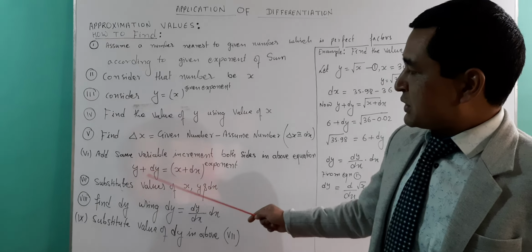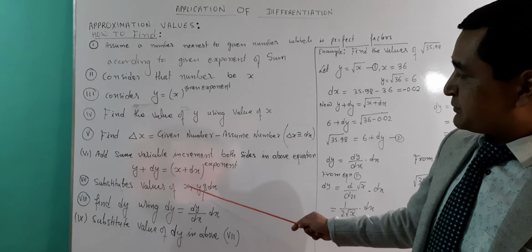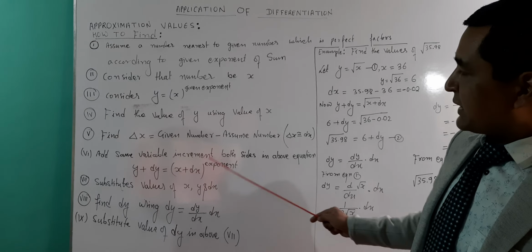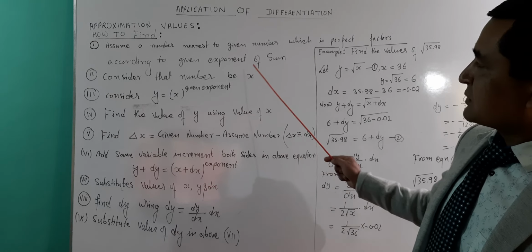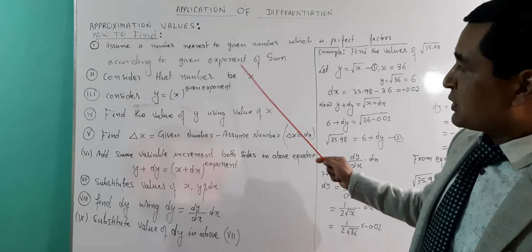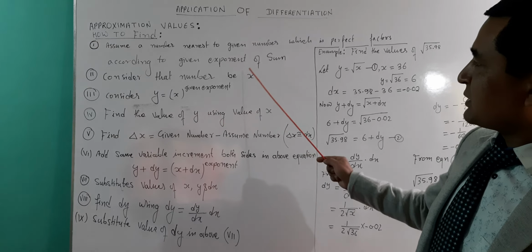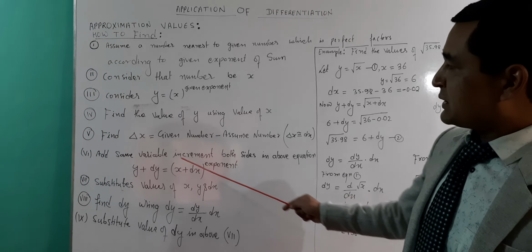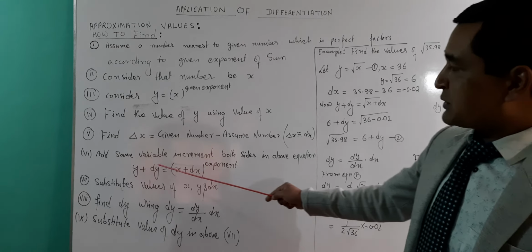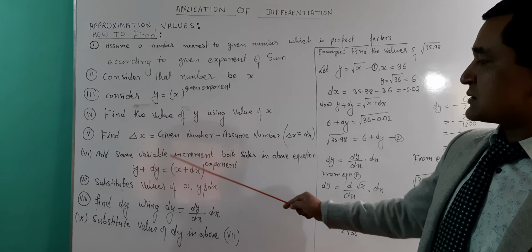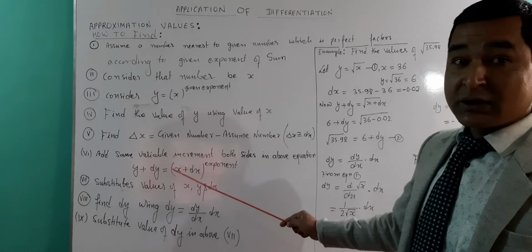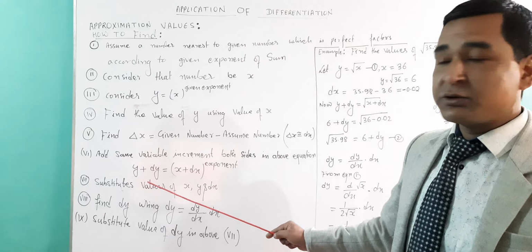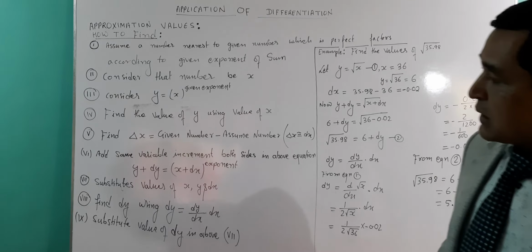Then in this equation, substitute the values of x, y and dx. x means the assumed number, y means the value of y using the assumed number, and dx from before. After substituting, you will get another equation. Mark that equation as 2.